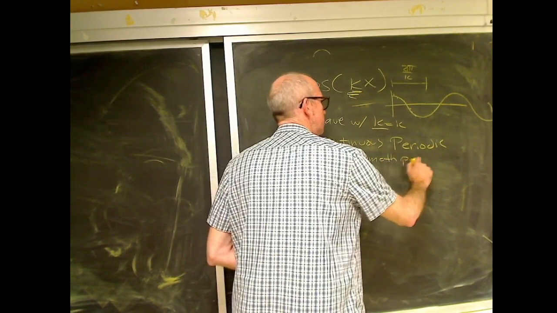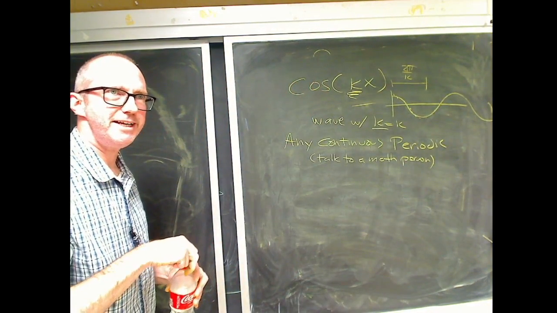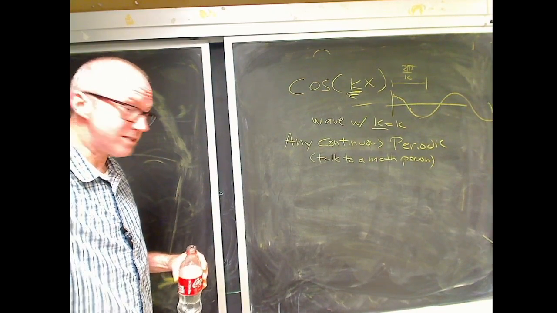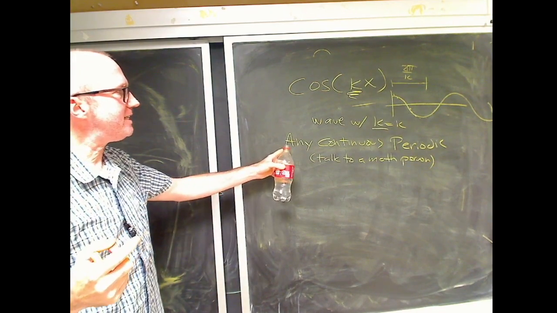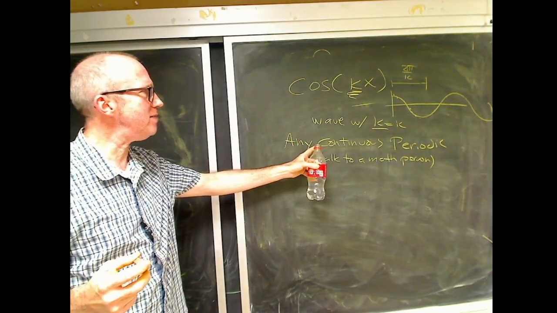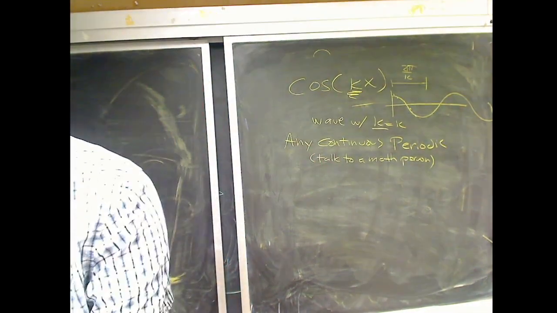I'm not a mathematician, so anything that I say that sounds mathematical, go talk to an actual mathematician. So basically any continuous periodic function. Now, there's some more rigorous math that we can stick with this, but I'm just going to wave my hands right now.